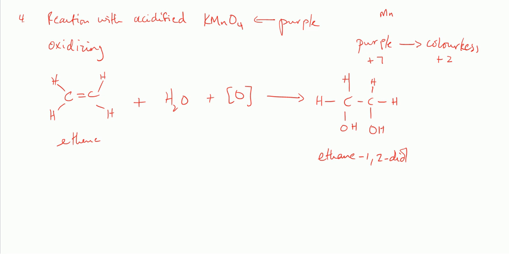So let me talk about that one time. Okay, so if we have an alkene, it's a typical exam question again, right? So if you have an alkane and we have an alkene, let's look at, let's say, ethane.